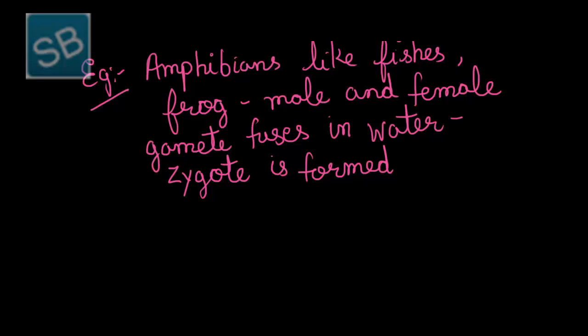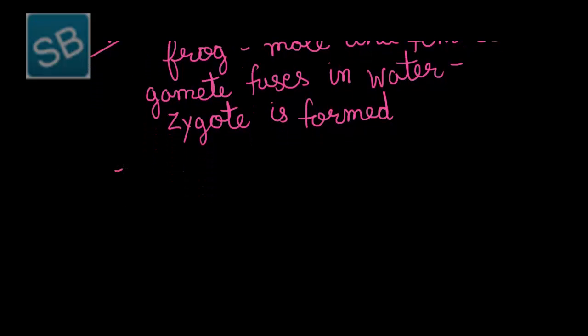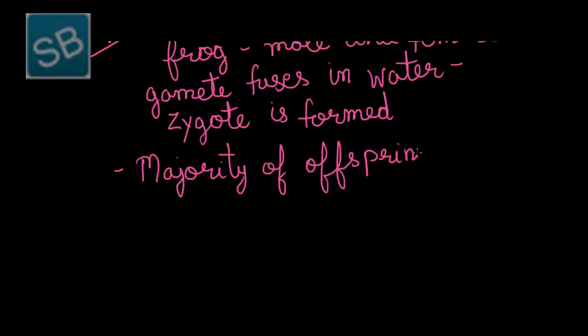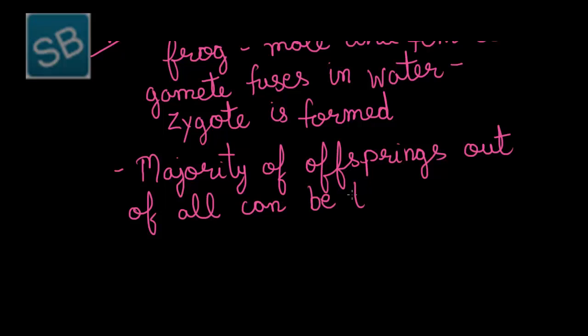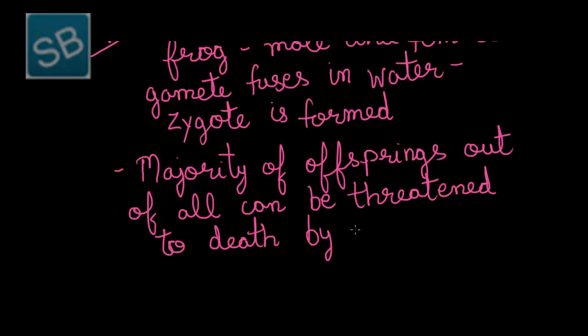However, in this process of external fertilization, a large number of offspring are produced, which has a major disadvantage: the majority of the offspring are extremely vulnerable to predators that threaten their survival into adulthood.